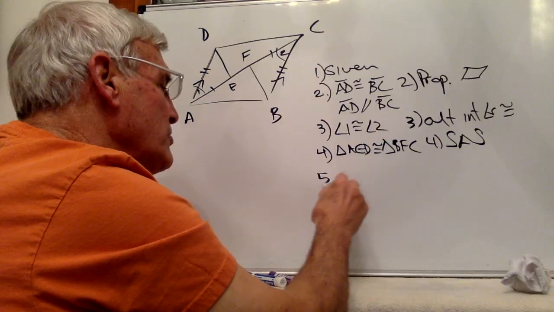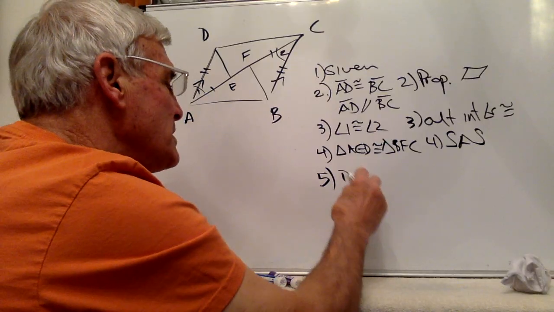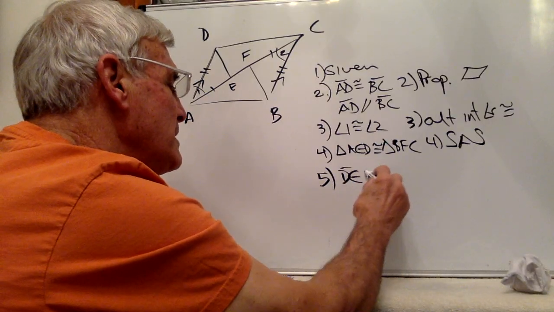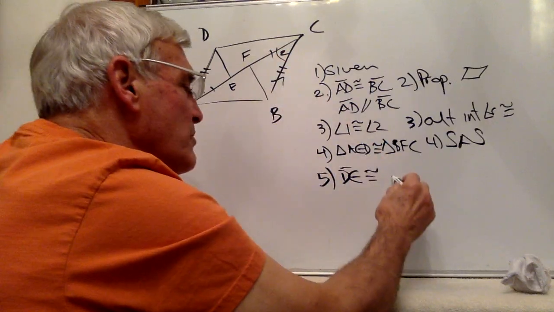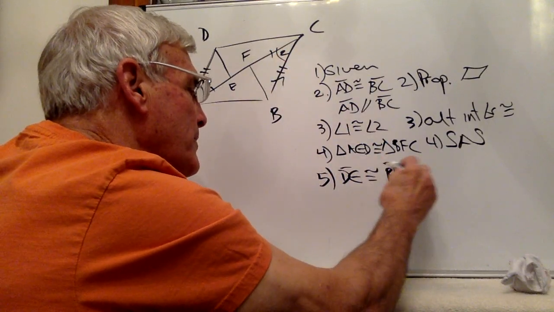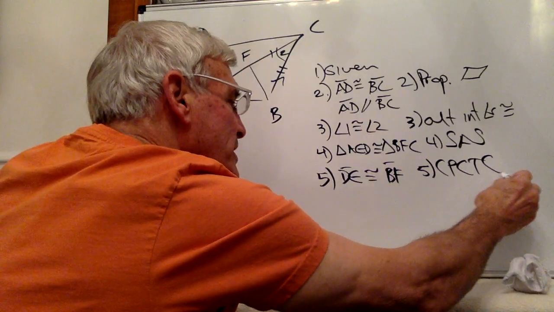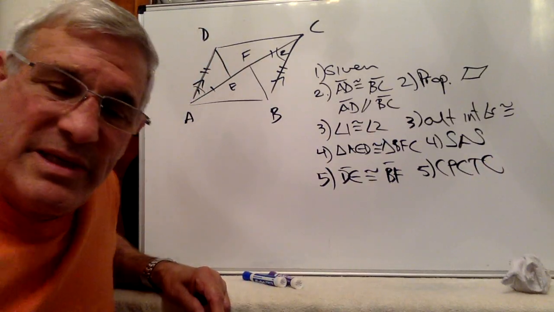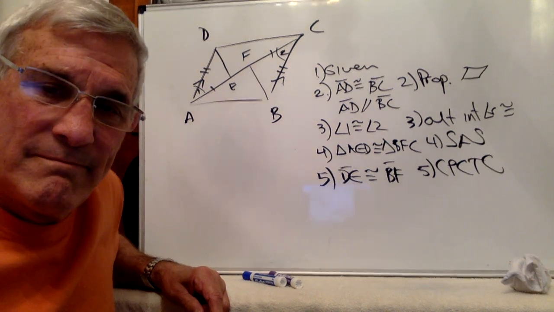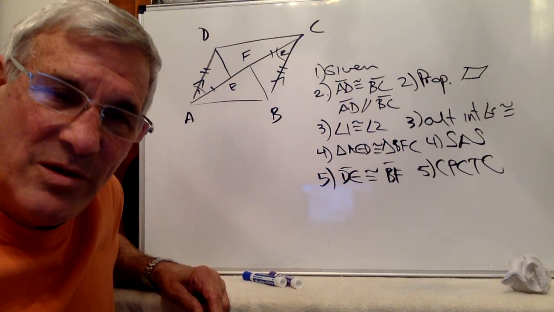And since they're congruent, then corresponding parts, DE and FB, or BF, are congruent. They are corresponding parts of congruent triangles, therefore they're congruent. CPCTC. Hopefully everybody follows that.